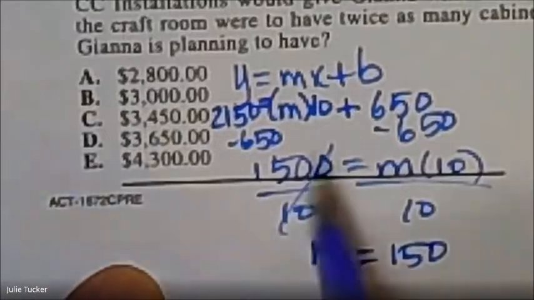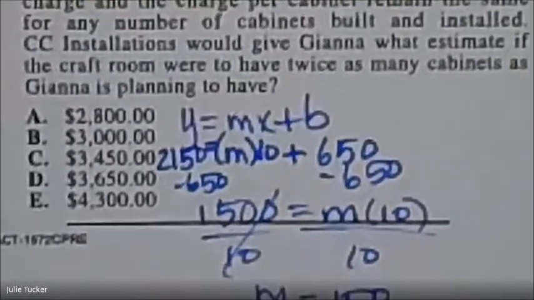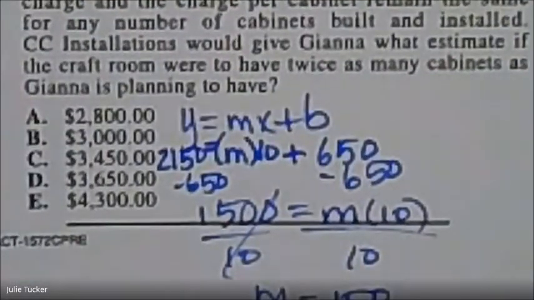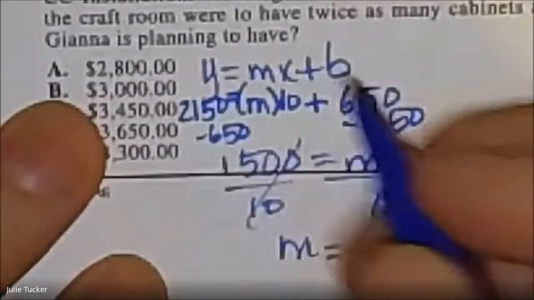All right. Now it says, what would it be if she installs twice as many cabinets? Twice as many, so 20. So go 150 times 20, right? Yeah.